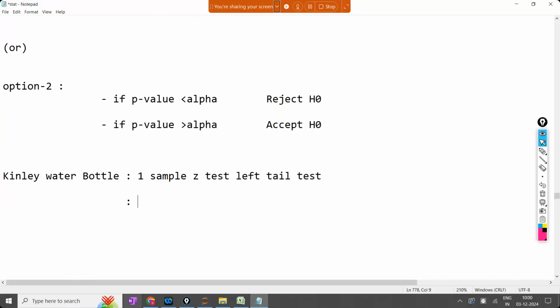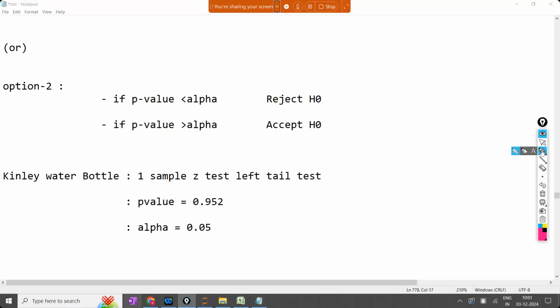For this same example, what is the p-value you have got? 0.952. Keep this. And what is the alpha value? Alpha value is 0.05. Now, these are the 3 required.